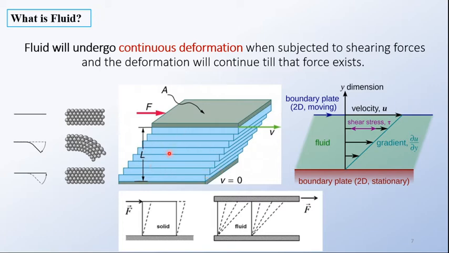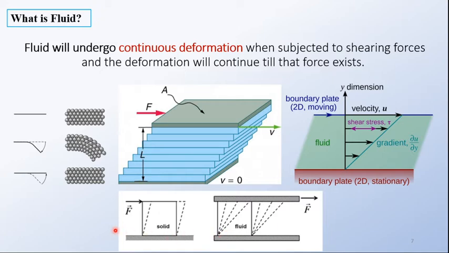But in actual, there will be molecules which will be in close contact, and whenever a force is applied on the top surface, the top layer of molecules move much more compared to the molecules which are nearer to the boundary, or almost there won't be any movement for the particles which are there here.